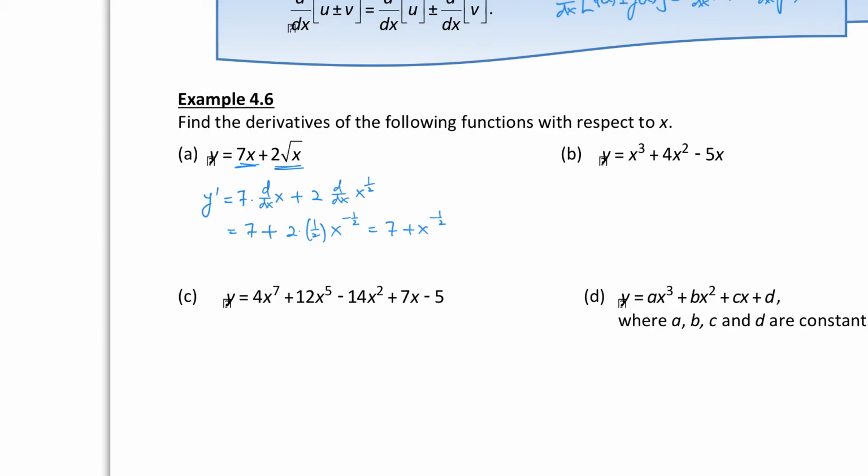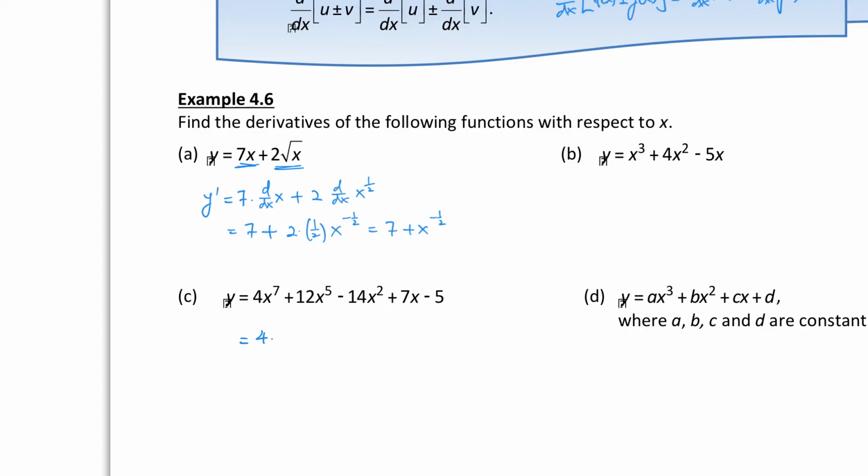How about C? We have 1, 2, 3, 4, 5 functions. If we want to find the derivative of these 5 functions, we can do it separately and then add or subtract them together. So the first one is 4.